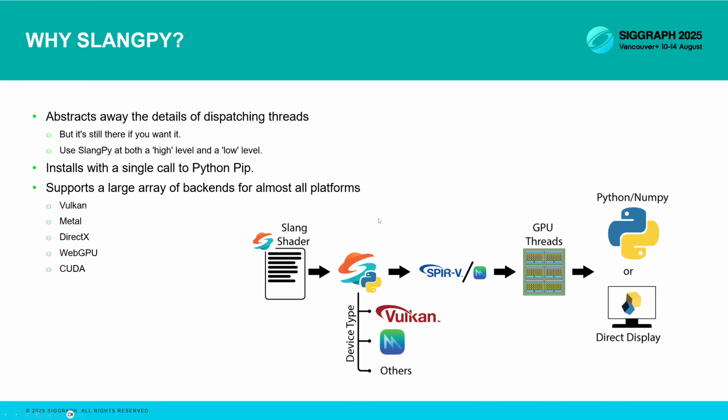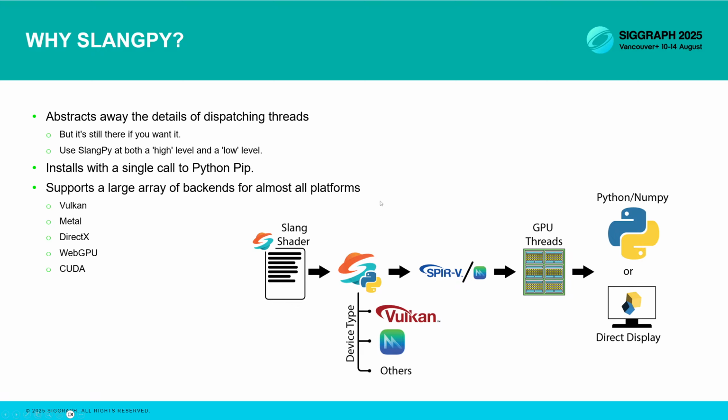It also abstracts away the details of working with threads, but it's still there if you want it. If you're used to working with compute in CUDA or Vulkan or DX, then you'll know that, depending on the type of problem, you're usually going to want to decompose it into a massively parallel set of work, which you would then dispatch across a bunch of SMs on a GPU.